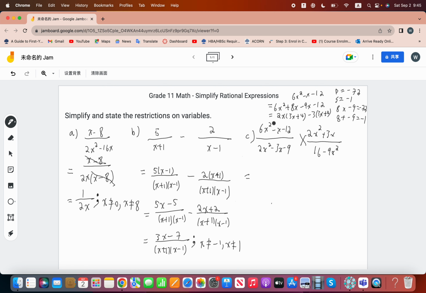So it's going to be 3x plus 4 times 2x minus 3.